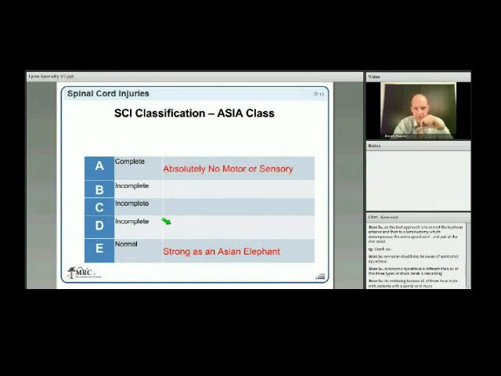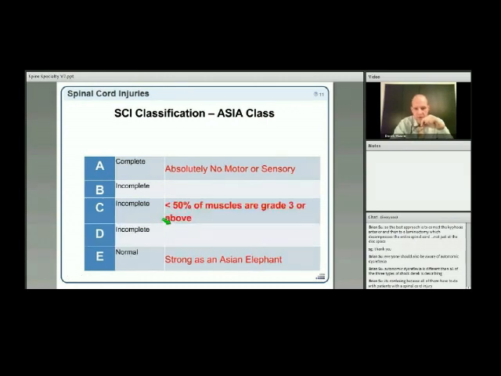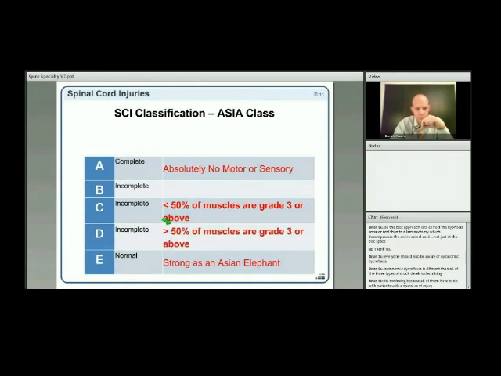A is absolutely no motor or sensory. C is halfway in between, or 50% of the muscles are grade 3 or above. Level D is greater than 50% of the muscles are grade 3 or above. And B, just remember, barely anything, meaning sensory only.